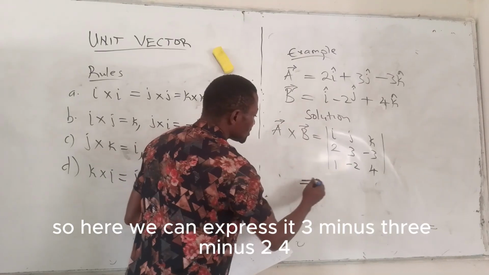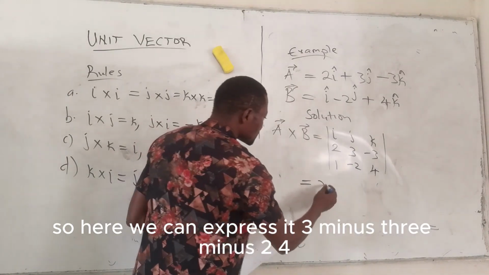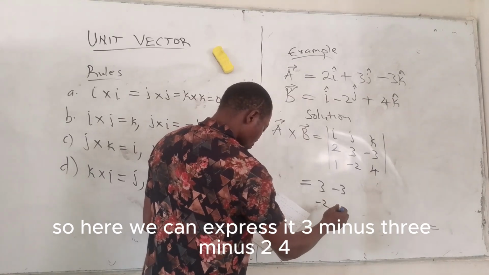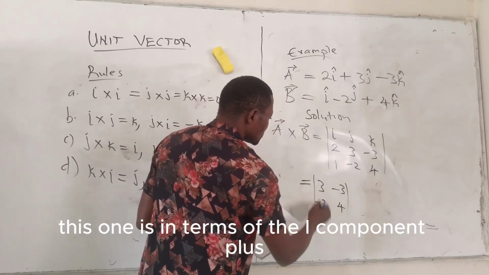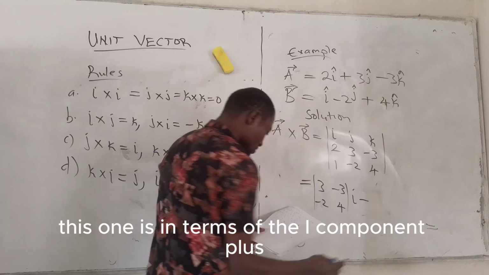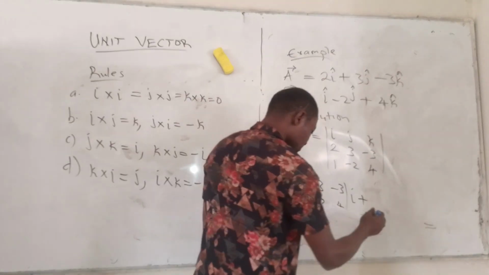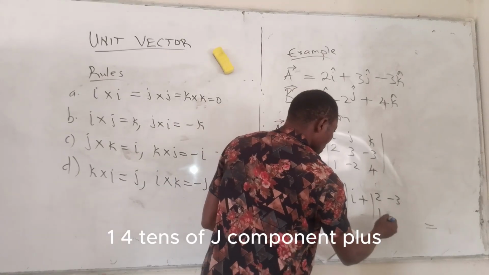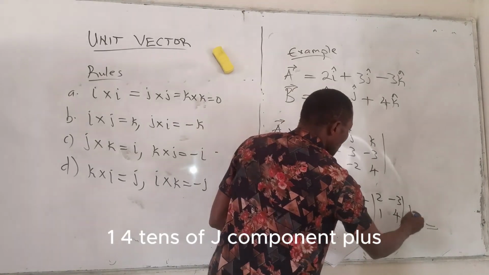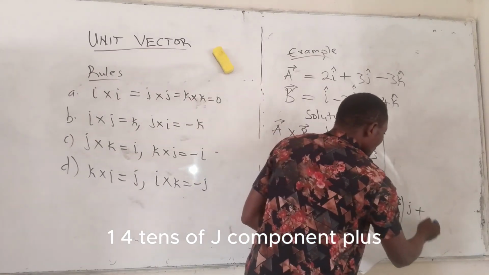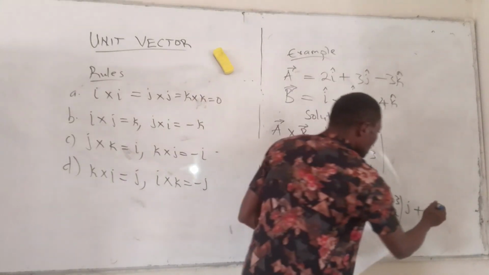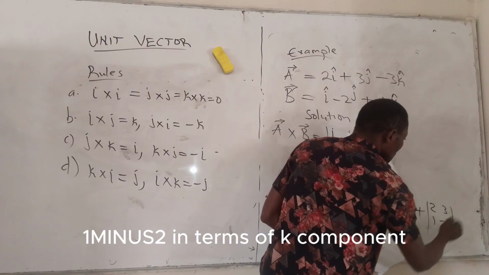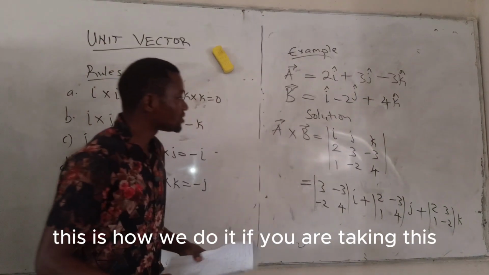So here we can express it as the determinant of 3, minus 3, minus 2, 4 in terms of the I component, plus the determinant of 2, minus 3, 1, 4 in terms of the J component, plus the determinant of 2, 3, 1, minus 2 in terms of the K component. This is how we do it.